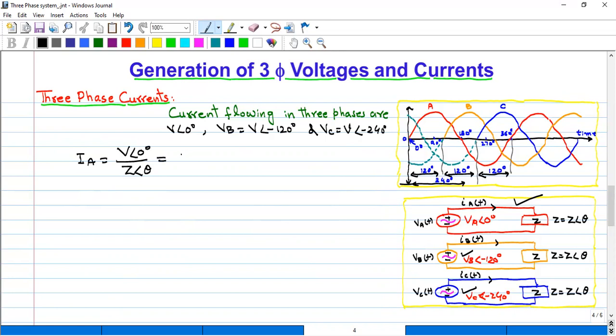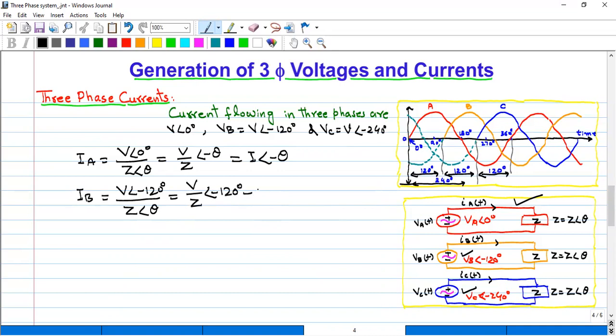So this will be equal to V over Z angle of minus theta, and this will be equal to I angle of minus theta, where V over Z is I. And the phase B current will be equal to IB is equal to V angle of minus 120 degree divided by Z angle of theta. So this will be equal to V divided by Z angle of minus 120 degree minus theta. So this will be equal to I angle of minus 120 degree minus theta.